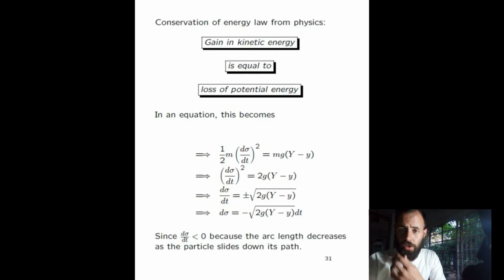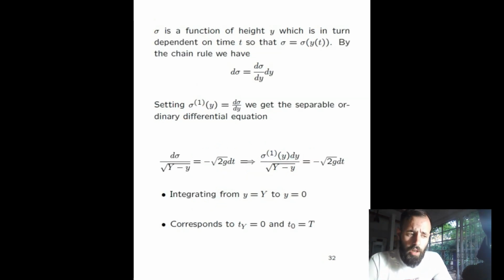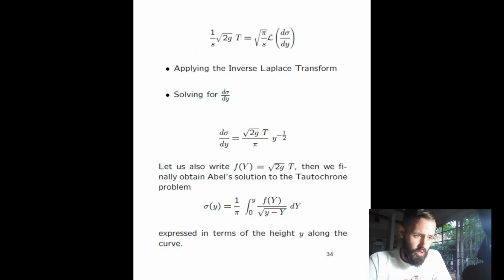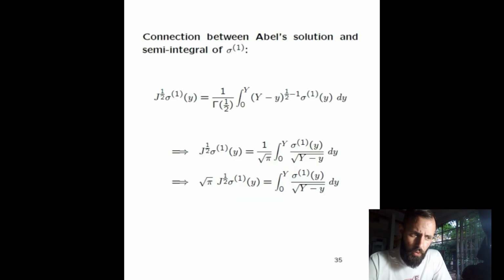So Abel was the first to solve this problem through use of classical physics, in which he set up a differential equation, did a Laplace transform, did convolution products and inverse Laplace transforms, and lots of integral computations, which we can bypass if we notice that we could obtain the same result by applying the semi-integral operator to the arc length derivative, and then we can most immediately obtain the Abel solution for the tautochrone problem.